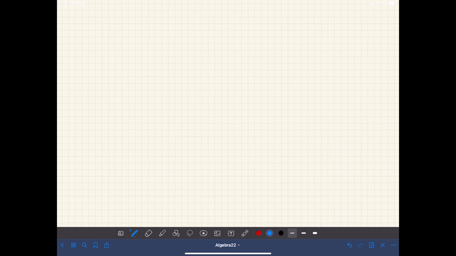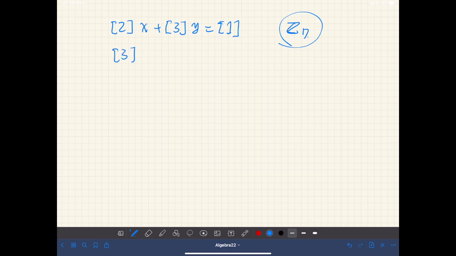Let's see a few examples. Consider the following simultaneous linear equations: 2x plus 3y equal to 1 in Z7, and 3x plus y equal to 4. So both we consider in this field. Okay, 7 is a prime, so this is a field.